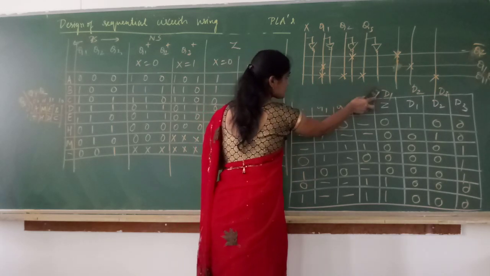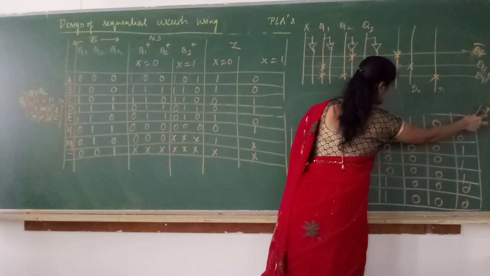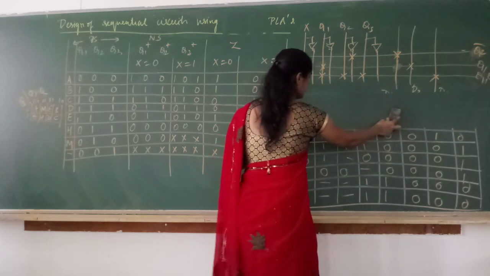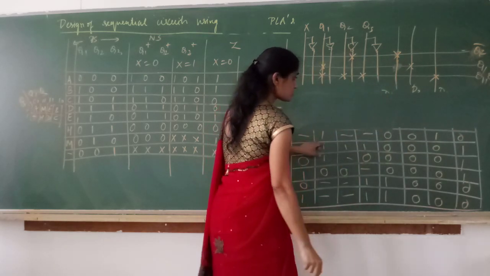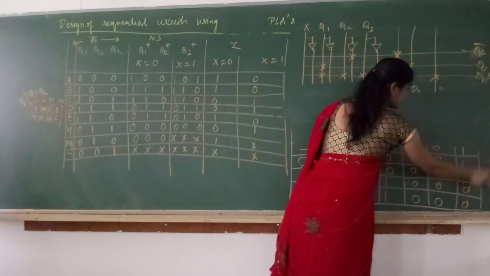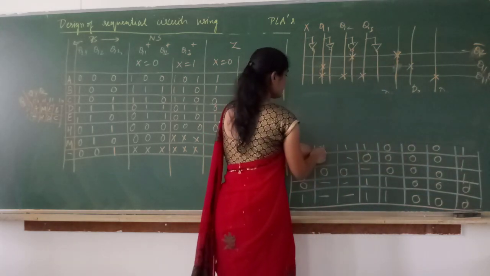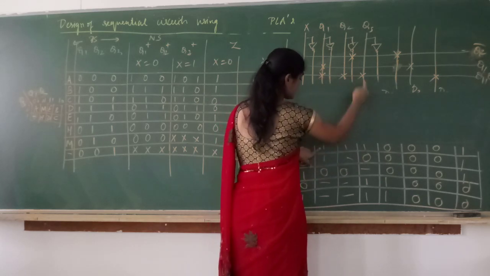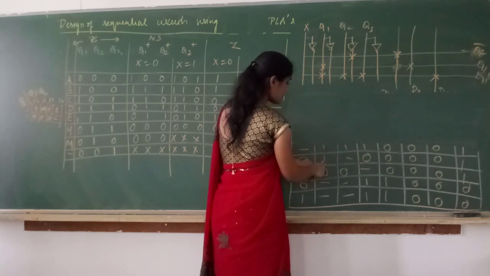Let me erase this because I have to complete it. So this is D1, we have already written: Q1, Q2, Q3. And what is the next product term we have?